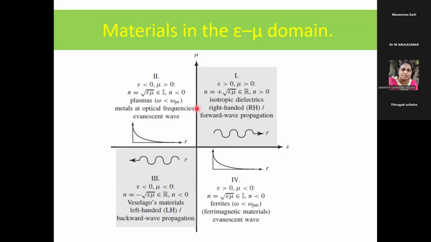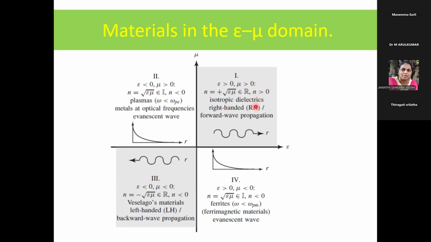So any dielectric material in general has epsilon greater than 0 and mu greater than 0, by which the refractive index of the material is positive, and n is always greater than 0. Refractive index is the velocity in free space divided by the velocity in the material.